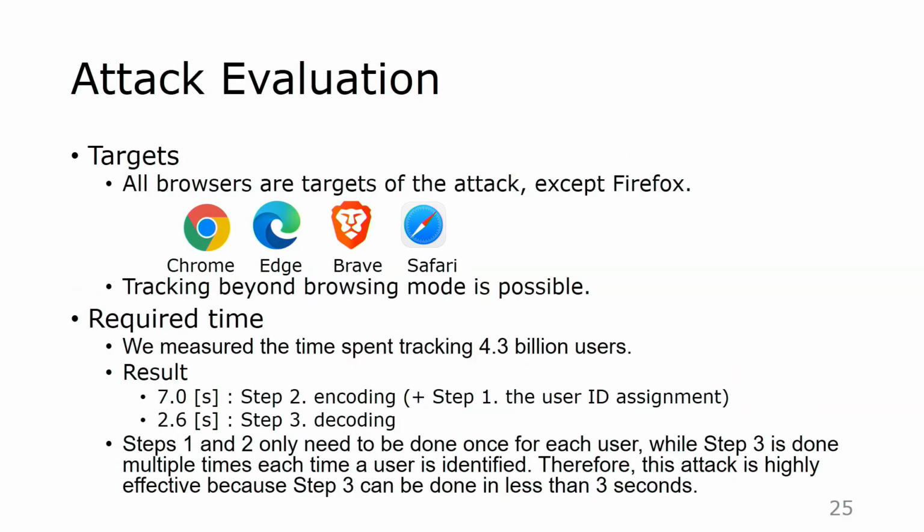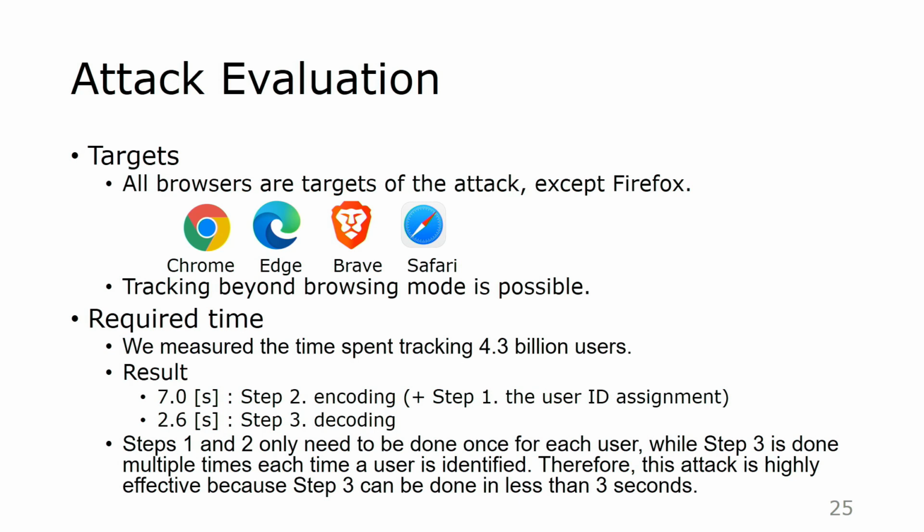Here, I present the results of our evaluation of this attack. We found that all browsers except iOS browsers and Firefox can be targeted. Tracking a user from normal browsing mode to private browsing mode is feasible. We also evaluated the time required for this attack. The time needed is related to the number of target users.